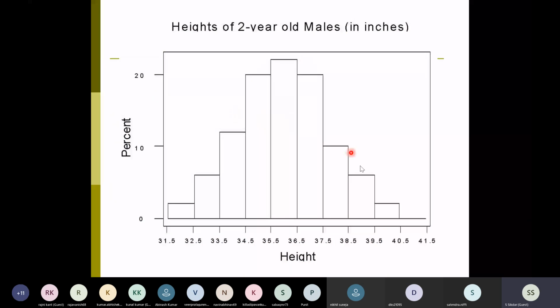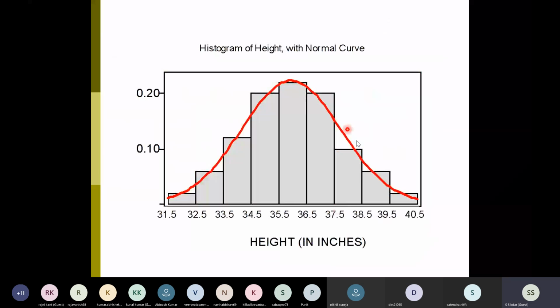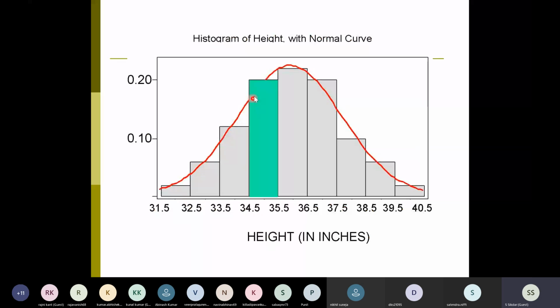If you take the total as one, it is plotted something like this, a normal curve, and only this part has been highlighted here as the green curve. You just need to find how much area that has occupied with respect to the total area. It's better to say what fraction.